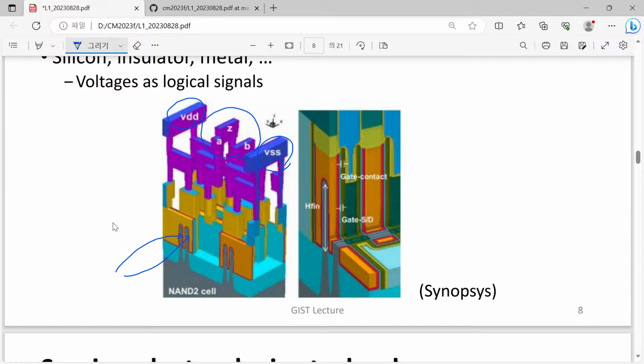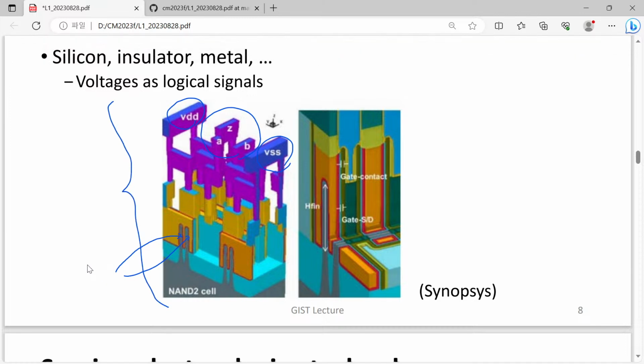Then in order to realize this kind of function, actually we have to build this kind of system. Of course, how thick is it? Its thickness is around several micrometer scale, and the most important part is maybe this one. This is related to a scale of a few 10 nanometers or a few 100 nanometers.